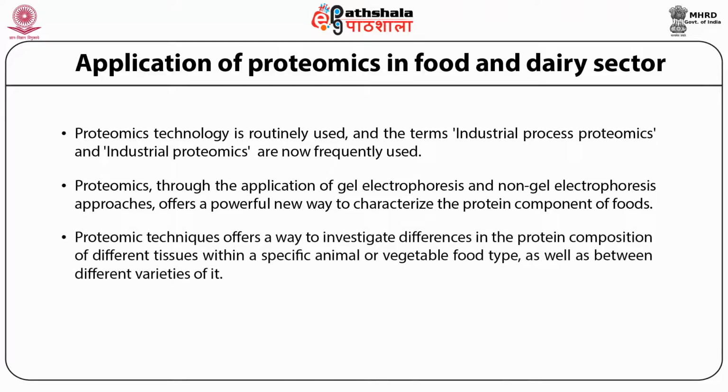These techniques offer a powerful new way to characterize the protein component of foods. Proteomic techniques offer a way to investigate differences in the protein composition of different tissues within a specific animal or vegetable food type, as well as between different varieties of it.